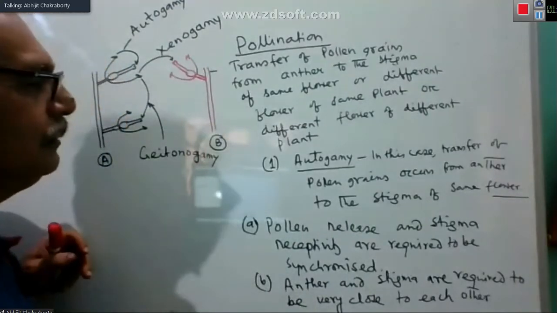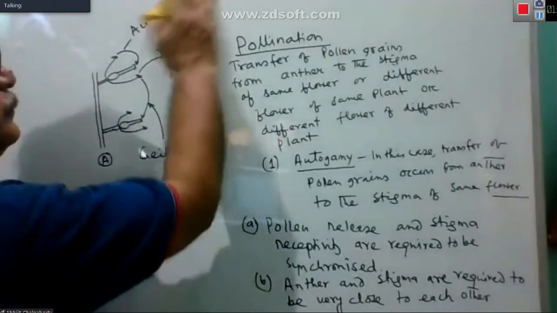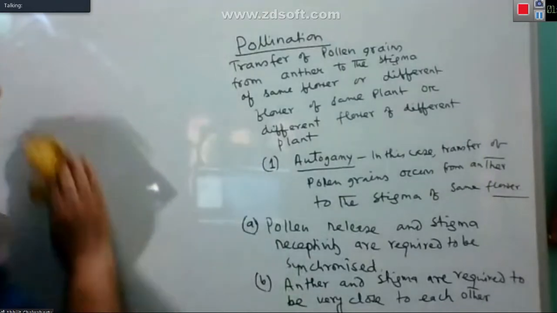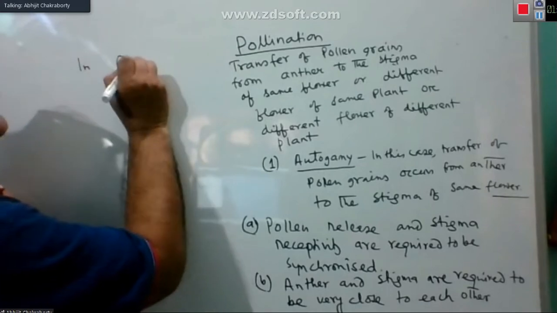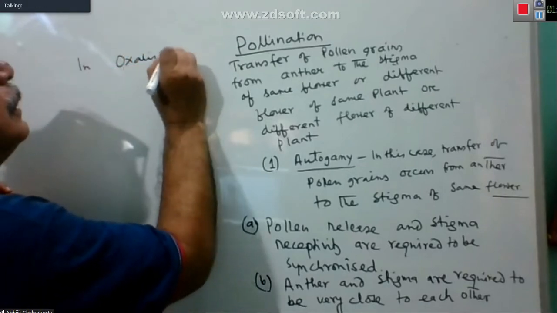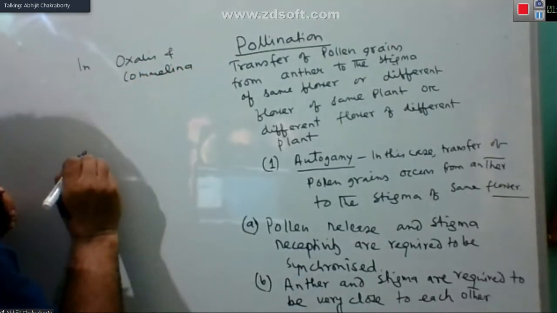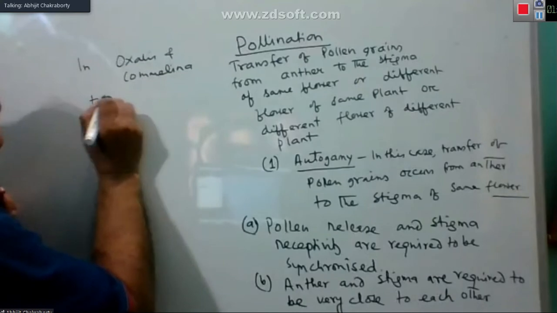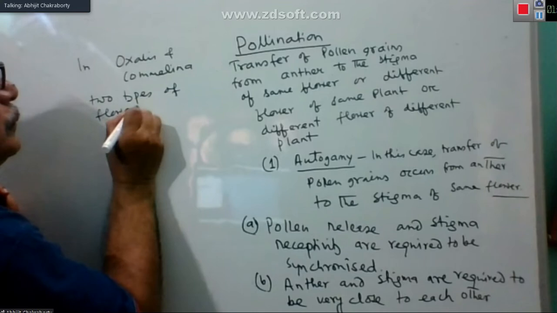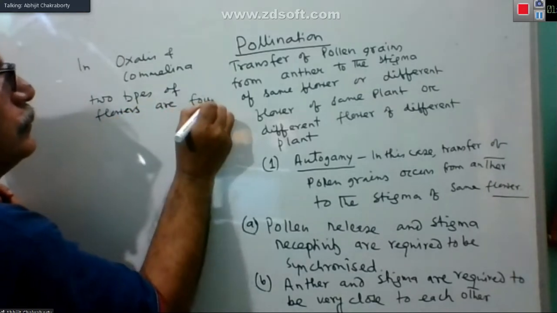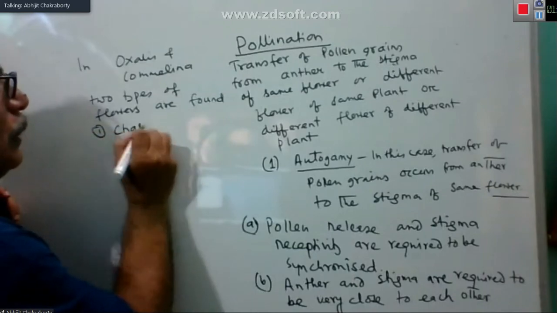Now what happens, you see, there are certain plants like Oxalis and Commelina. Two types of flowers are found. One, chasmogamous flower.